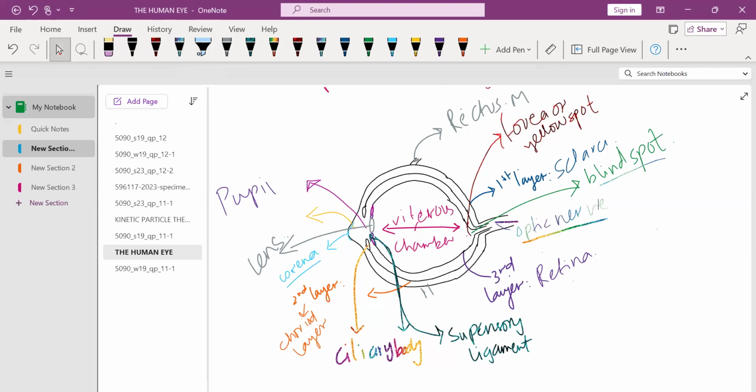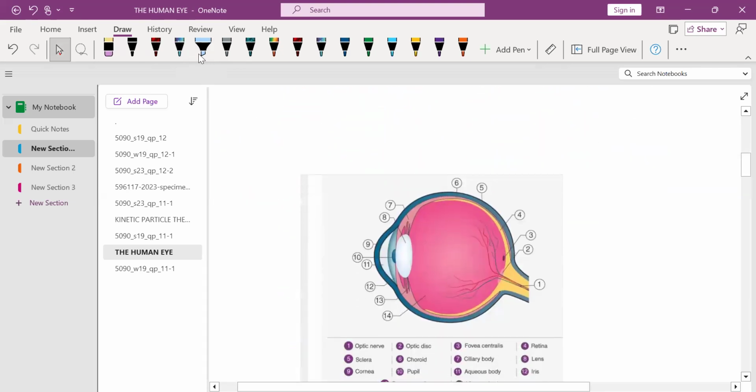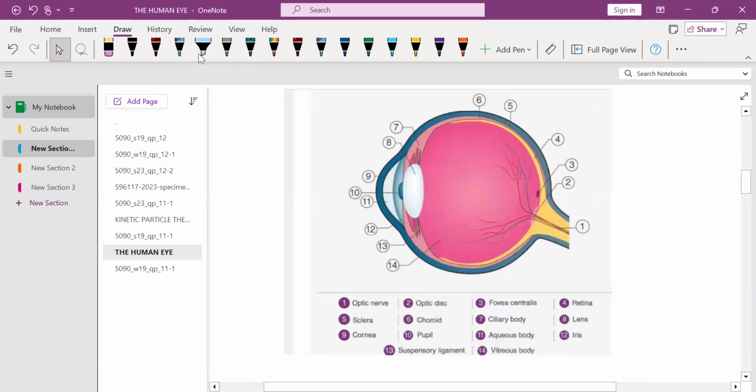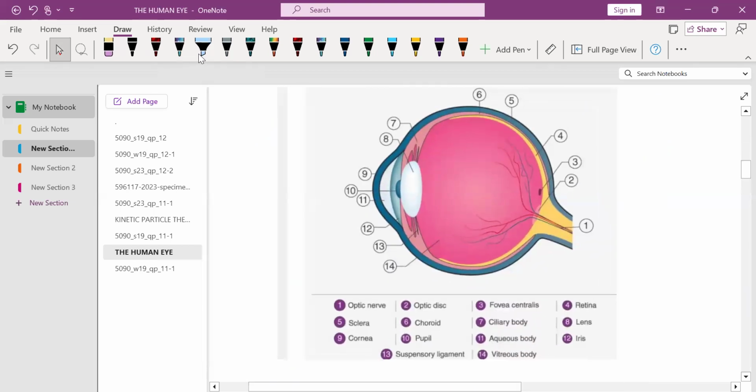I have got an image for you so you can have a look at the parts of the eye. The first part, which is this, is the optic nerve, and I told you about it above. Then here's the fifth one, the first layer of the eye, which is the sclera.